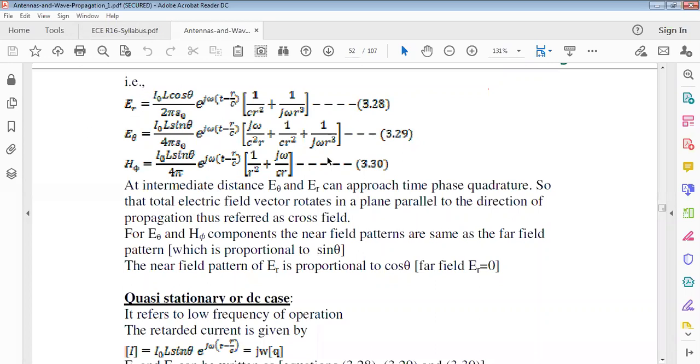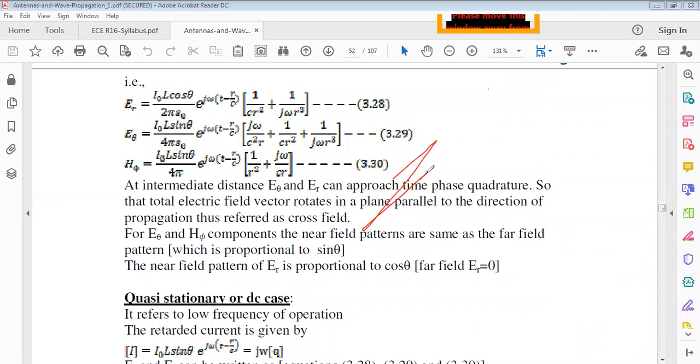Once we remember these expressions, the next step is to derive the expression for radiated power. Up to this concept is the derivation of field components.